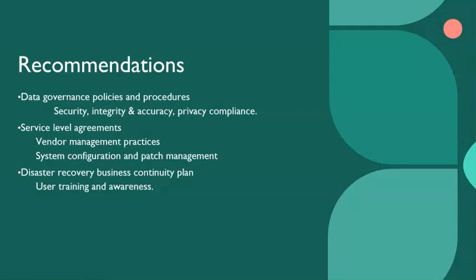Set a time to routinely review service-level agreements for each data asset to ensure that vendor practices, systems configurations, and patch management is in keeping pace with industry standards. Finally, we recommend that the disaster recovery and business continuity plans remain updated while also ensuring that user training and awareness are completed annually and/or following any significant updates to universities' policies and procedures.